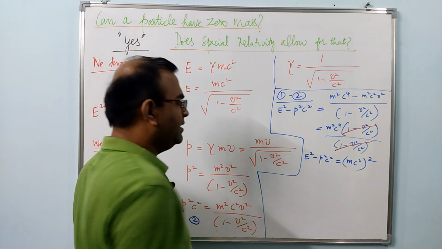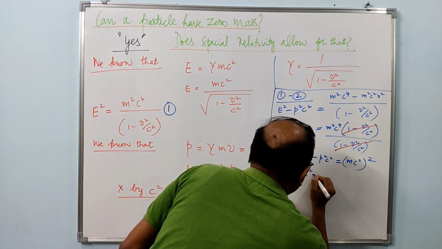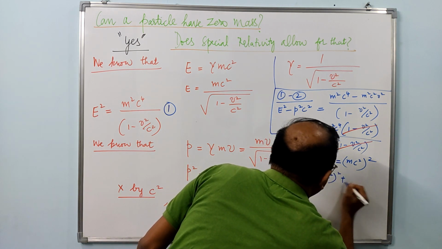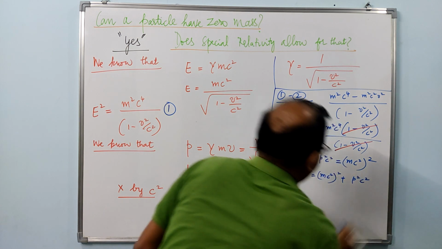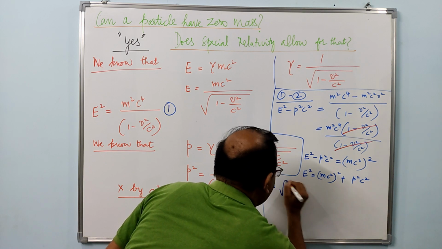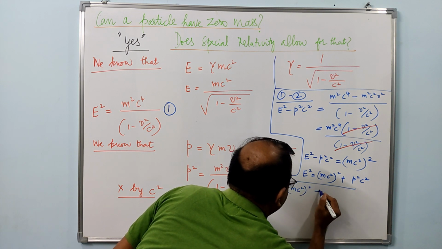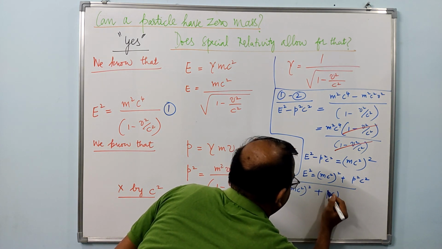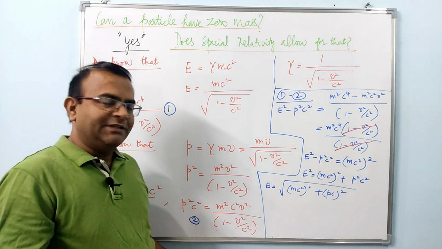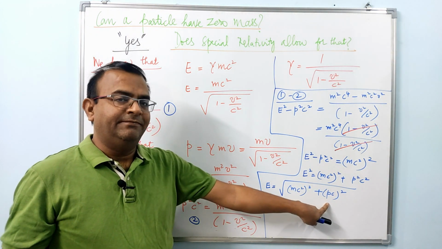So now I can say that the total energy squared is equal to (mc squared) whole squared plus p squared c squared, or the total energy alone is equal to square root of (mc squared) whole squared plus (pc) whole squared.